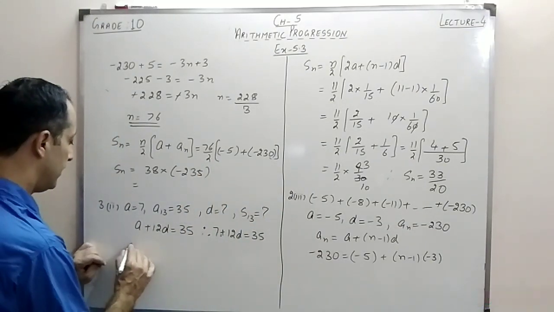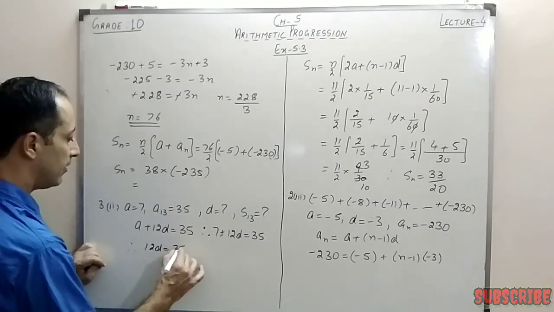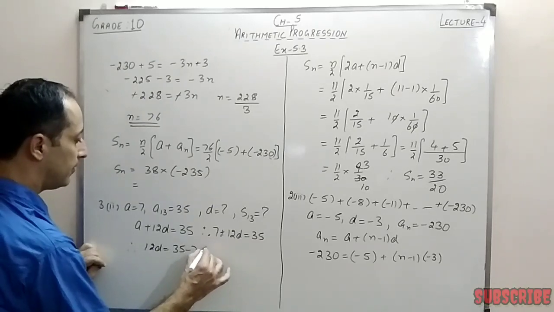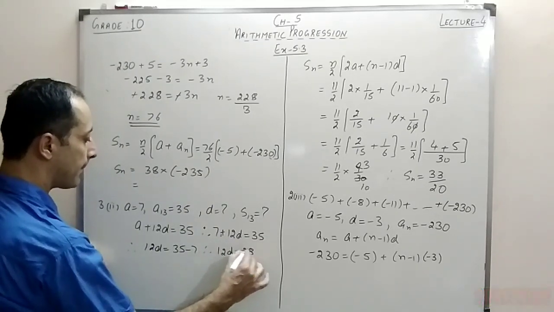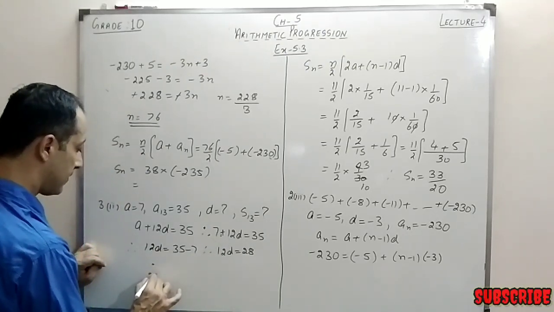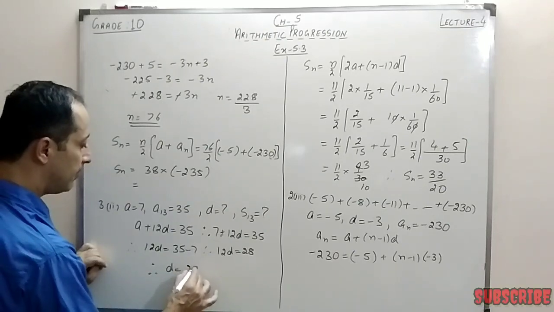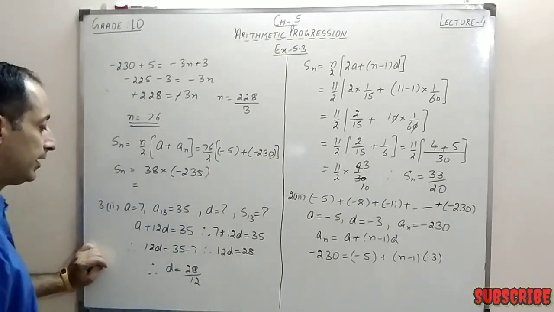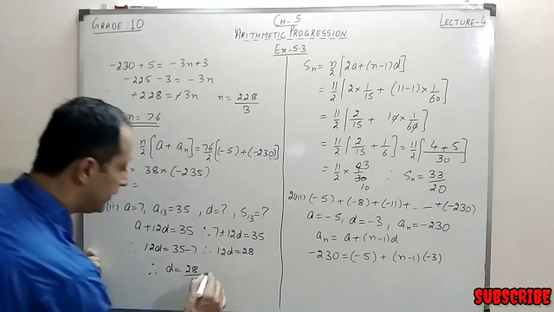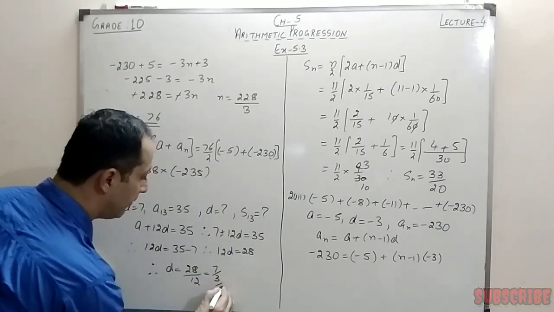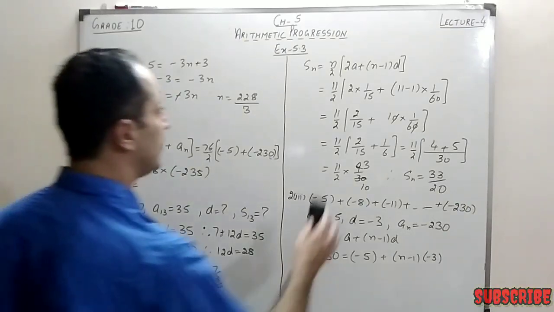So 12d is equal to 35 minus 7. Therefore, 12d is equal to 28, and d is equal to 28 by 12. If I cancel both by 4, it will be 7 by 3. So I get the value of d as 7 by 3. Now let's find the sum of 13 terms.